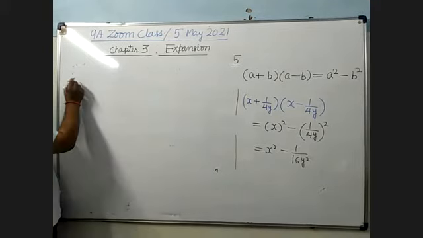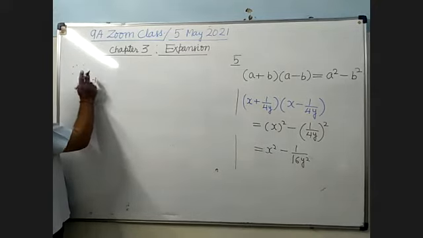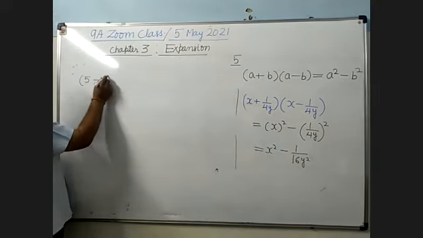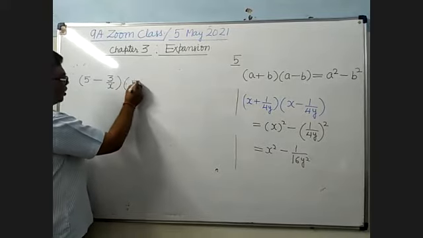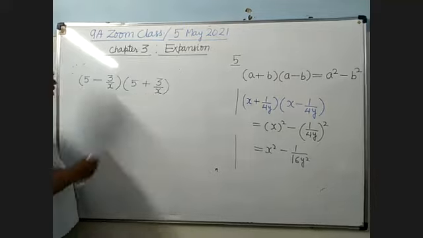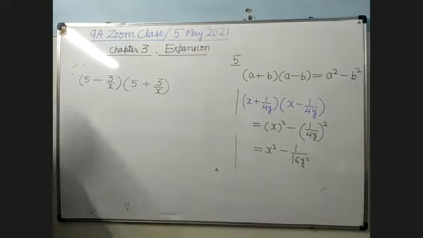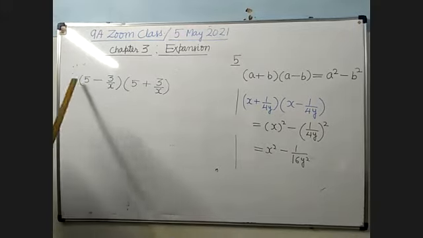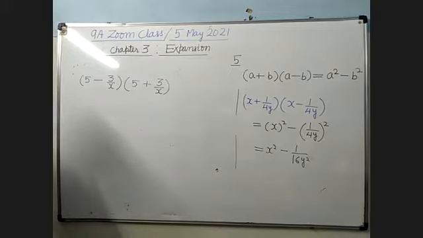Now you take one more. Here, 5 minus 3 upon x into 5 plus 3 upon x. How will you do this? Whether this thing is of that form or not? Yes, sir.